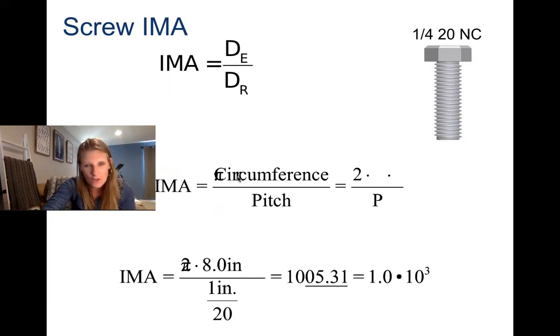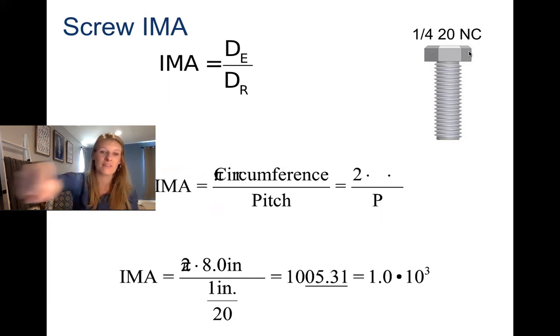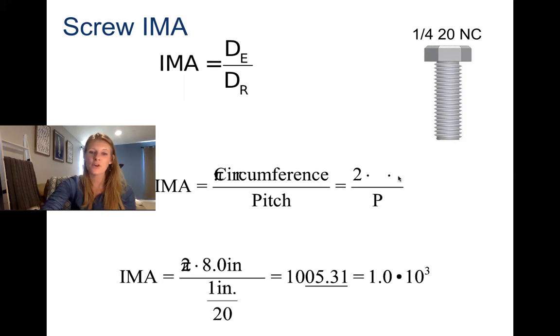So we need the radius of our effort. That's really important. It's not the radius of the screw, because we have something like a wrench that we're actually moving this with. It's that radius. So the radius of the effort divided by the pitch. So here, our pitch is 20.